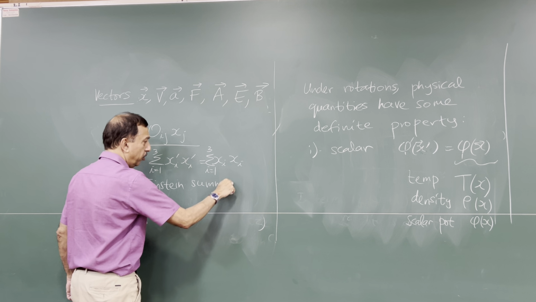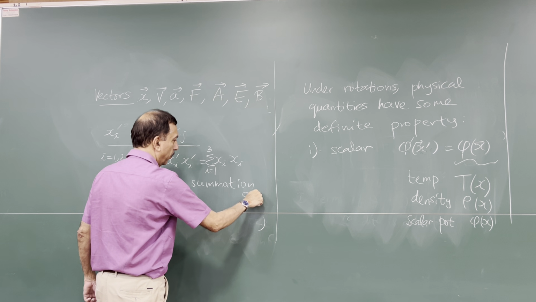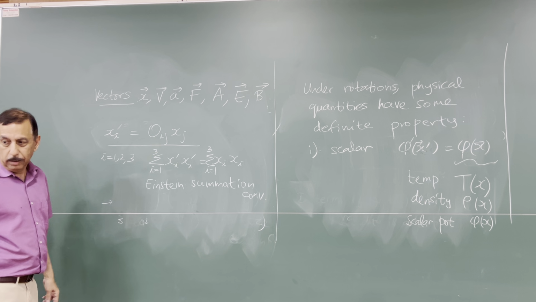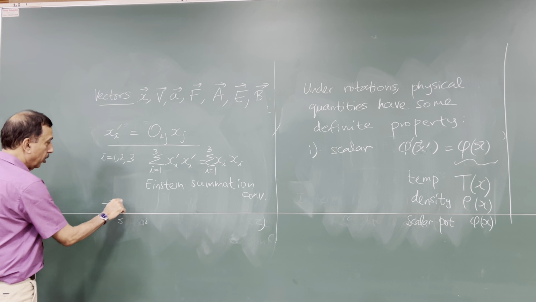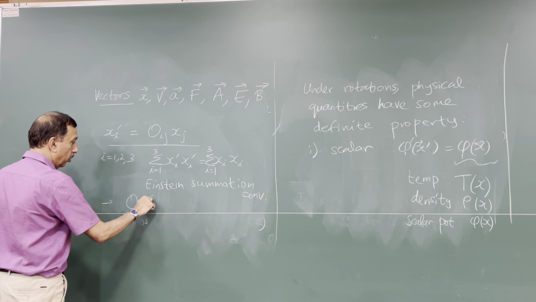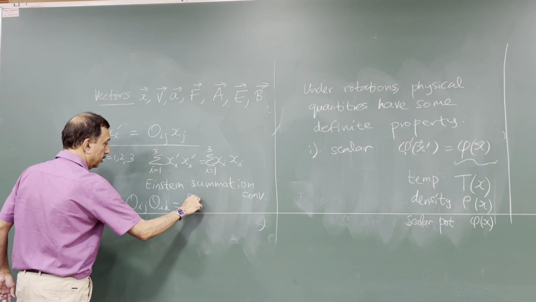Have you used it before? Okay. So whenever there are repeated indices, we sum over their allowed range. And from this, we get the equation, this is quite important, that O_ij O_ik is equal to delta_jk.